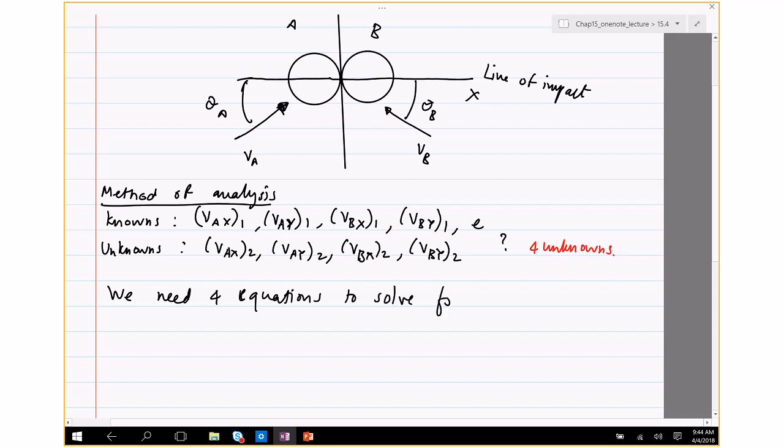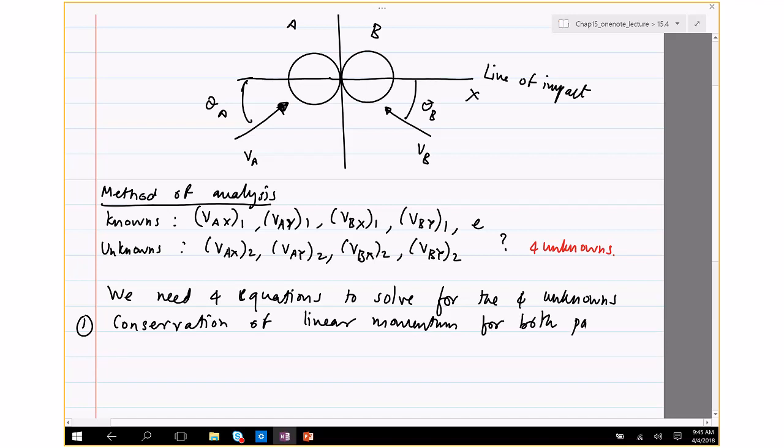Here's how you get them. First, conservation of linear momentum for both particles about the line of impact, which is the x-axis.